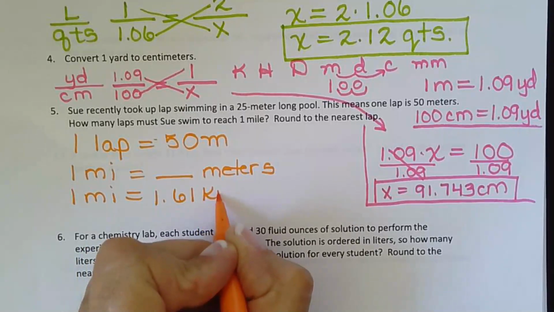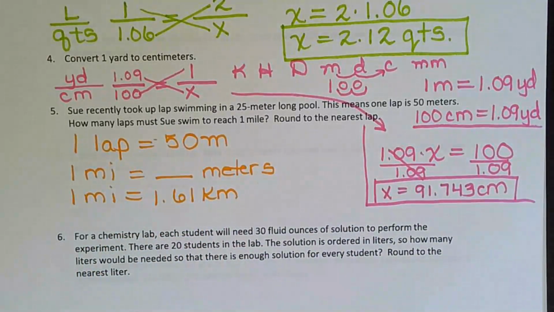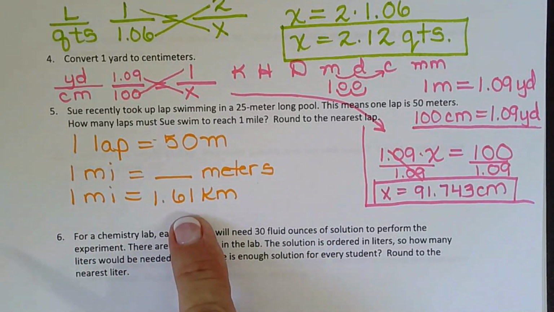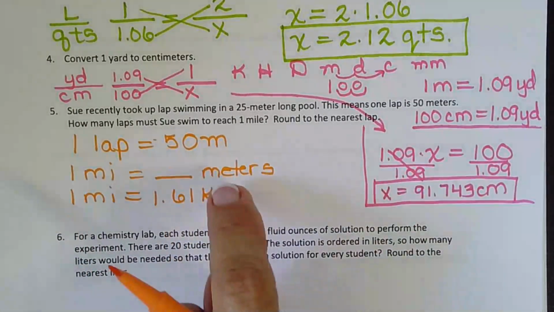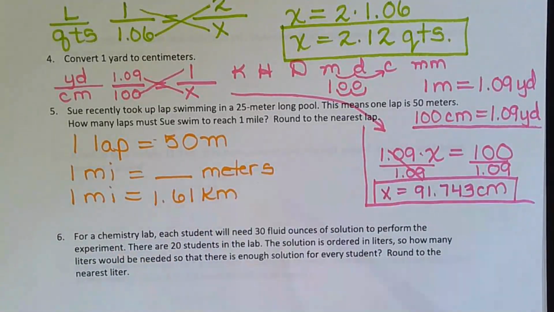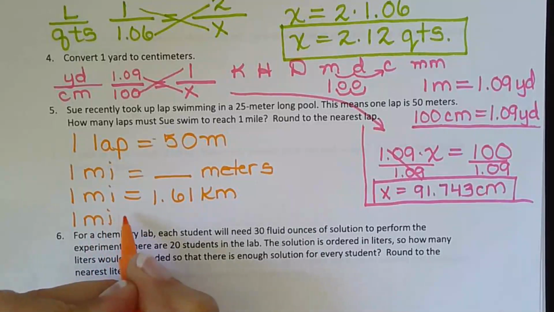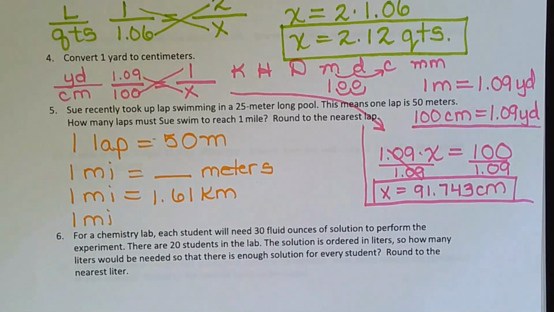But now I have, and this is like a 3-part question. So first you have to change miles into kilometers. Then you have to change kilometers into meters. Then you have to divide to find out how many laps are in that. So that means 1 mile equals, I guess I don't have to repeat that because I already wrote down meters.